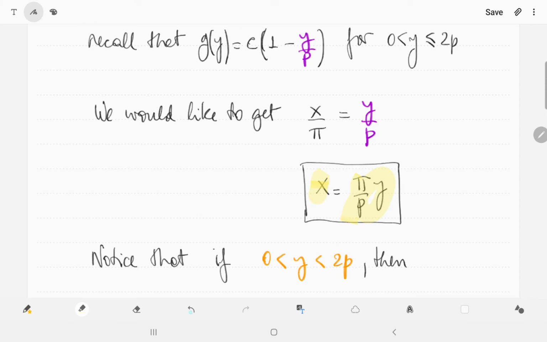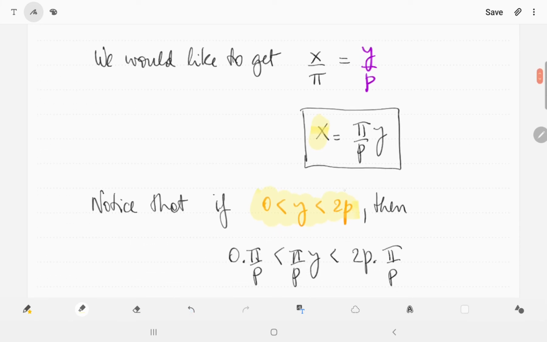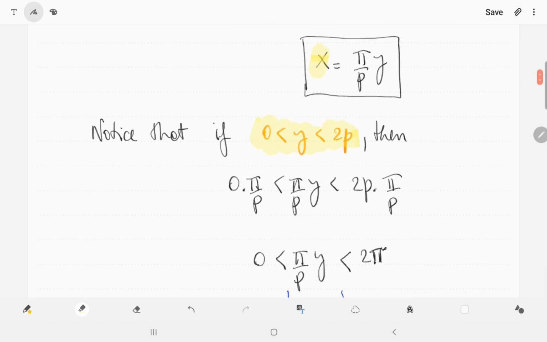And notice that in the case that y is between 0 and 2p, this guy x belongs to the right interval. Why? If we multiply this inequality by pi over p, which is what we need to get x here, we get 0 on this side and 2 pi on this side.